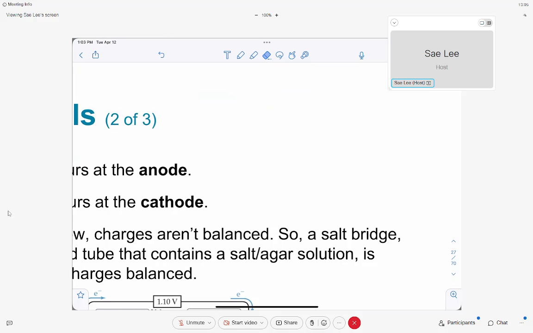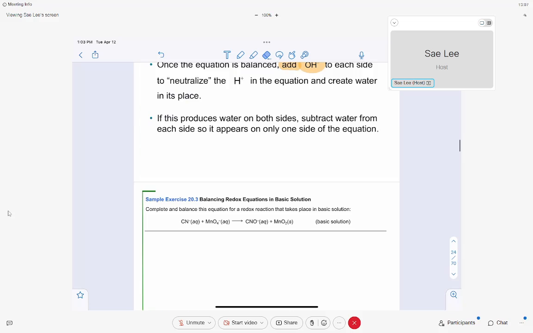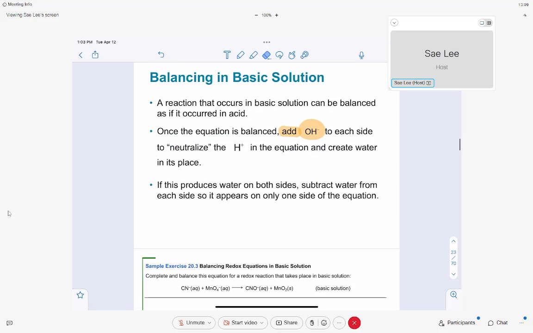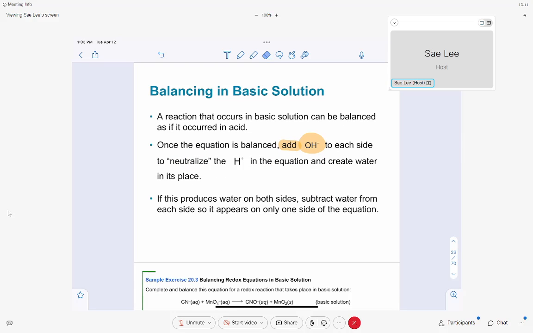So I'm going to continue where we left off last week. Last week we learned how to balance the redox reaction in acidic solution, and today we're going to learn how to balance a redox reaction in basic solution.